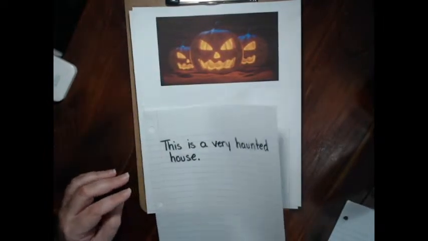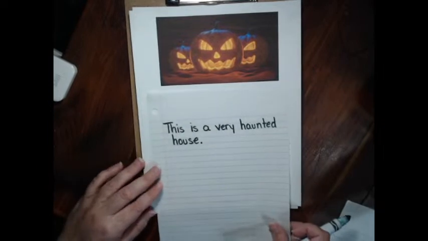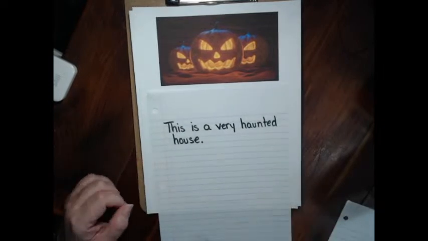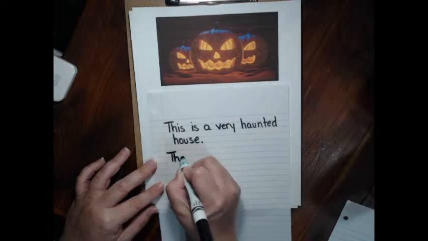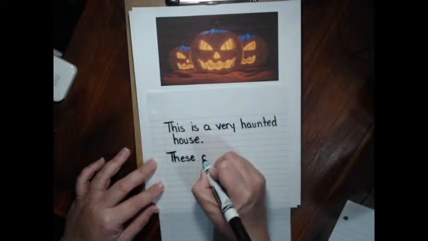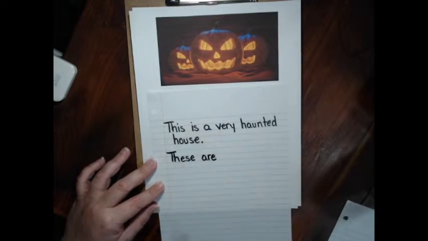Okay. How about these? What could we say about these? Ah, I helped you with the sentence. So we should start with, these are... And let's try not to use the word scary again.